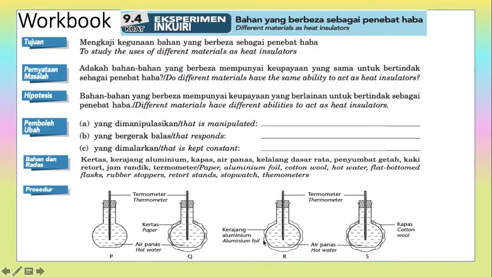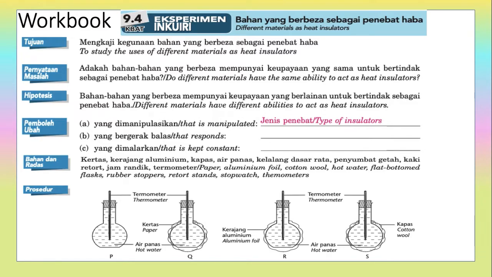From this diagram, you can determine that the manipulated variable will be the type of insulator. Flat bottom flask P acts as the control of the experiment, which means it is set up to remain unchanged or unaffected by other variables.